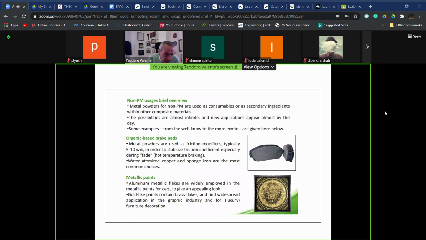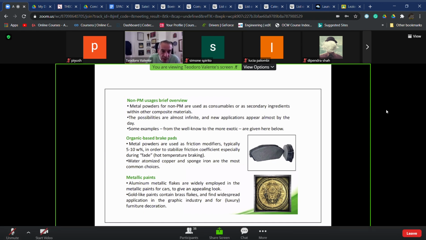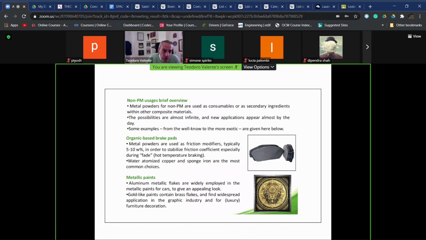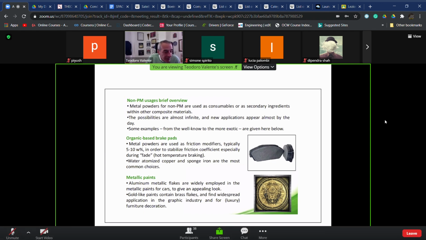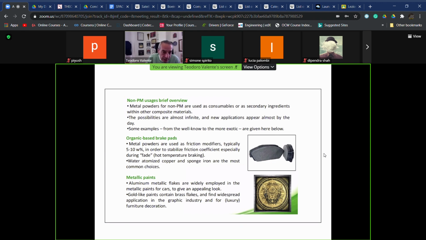The content is not so high, some percent, from 5 to 10%, and they can give rise to a very important effect, which is the stabilization of the friction coefficient, especially during the so-called fade behavior of the material itself. That is what develops when you are braking a lot and you reach a high temperature on the braking pads.